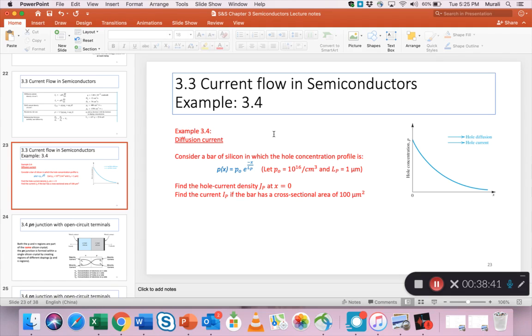For these 3 sections we did a few problems, and hopefully these were helpful. I might assign 1 or 2 of these to your homework also, and in the next recording we will look at the remaining 3 sections of this chapter and also have 1 more recording on problems. Okay, so that was it. I will stop here and catch up later.